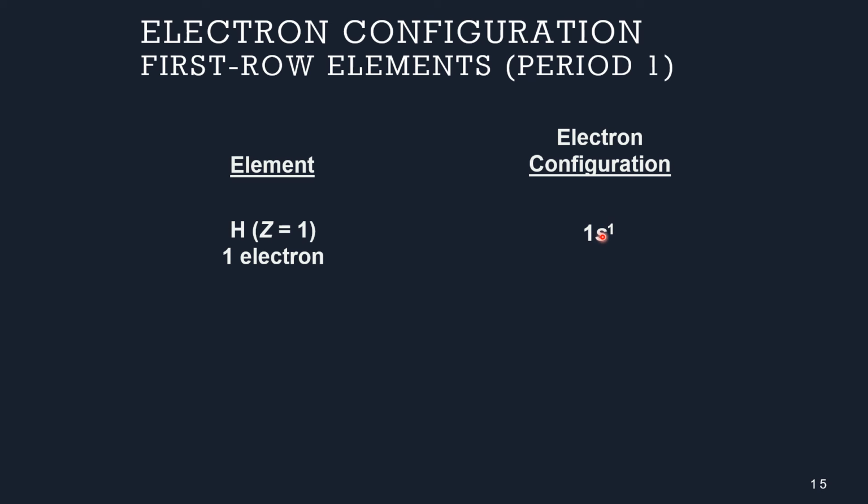For hydrogen, there's only 1 electron, and this is the only place you can put it. Helium has 2 electrons. We put both of those electrons in the first shell, subshell s, and that 2 is the number of electrons within that subshell. So for helium, it's 1s2.